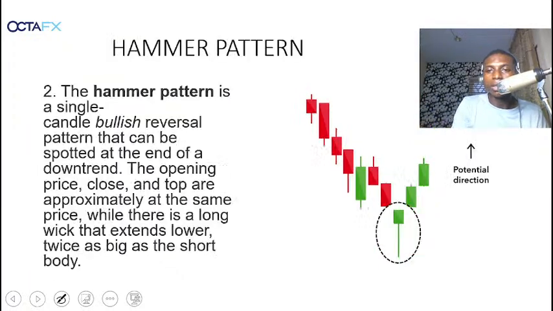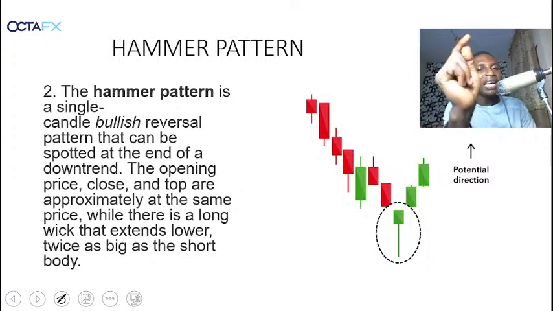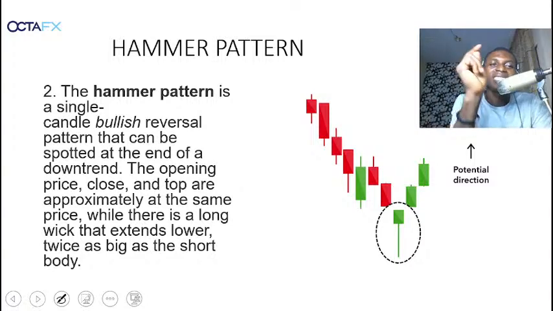Now we go to the hammer. Now you look at this hammer. The hammer pattern is a single candle bullish reversal pattern that can be spotted at the bottom of a downtrend, at the end of a downtrend. Now you can see, look at it here.